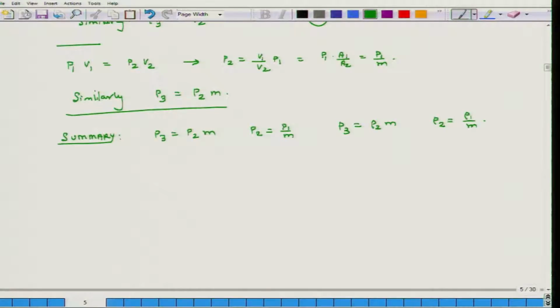With this understanding, we have already calculated the density in each of these sections.